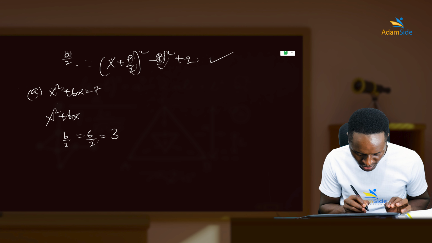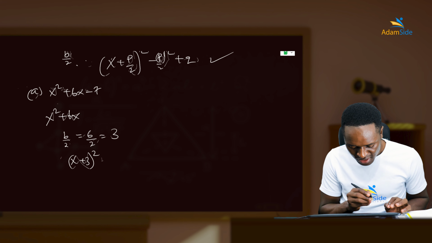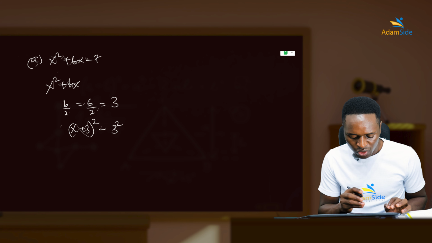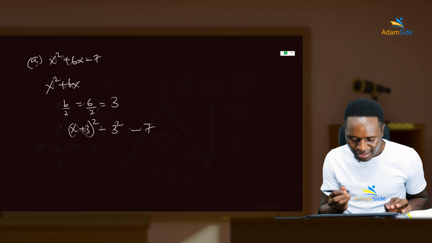Correct. Now the formula will be x plus 3, squared, because that's the first term. Because we have added this, the other one will be minus 3 squared, since when you square this you get a perfect square. Then you return the negative 7.